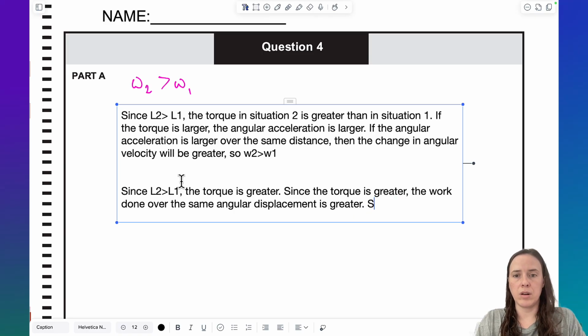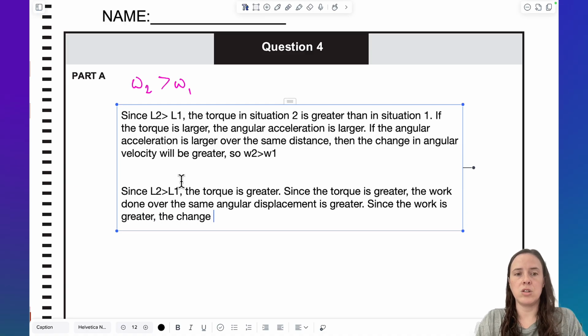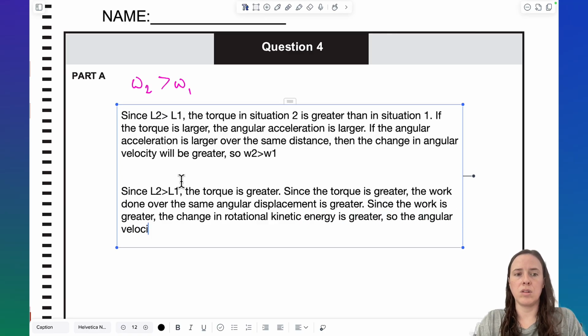Since the work is greater, the change in rotational kinetic energy is greater. So the angular velocity is greater. And we want to specify the angular distance up here.